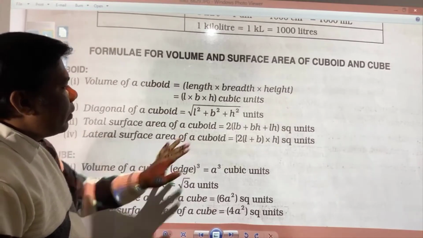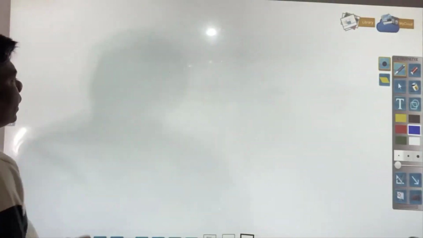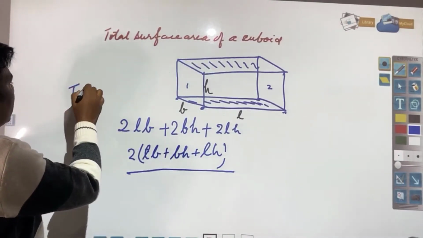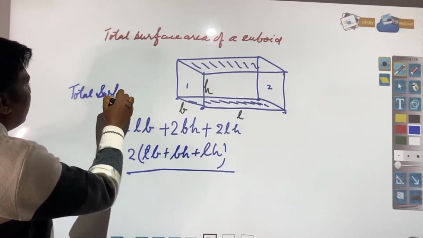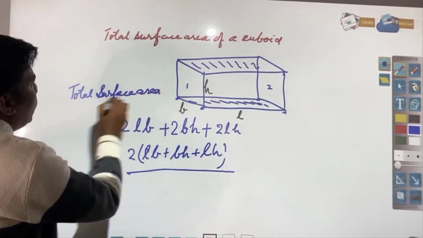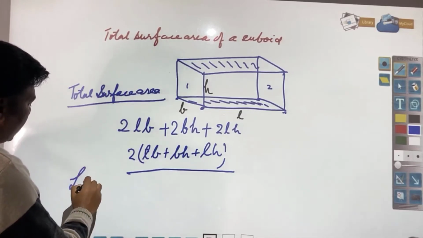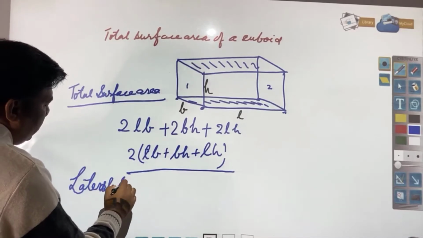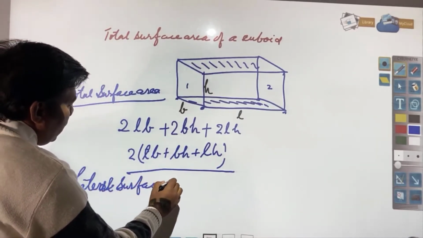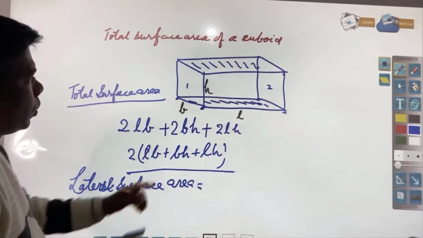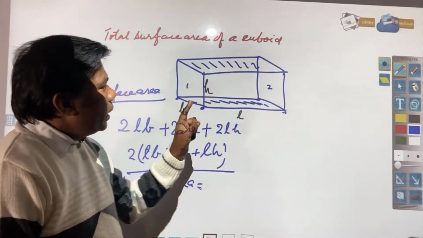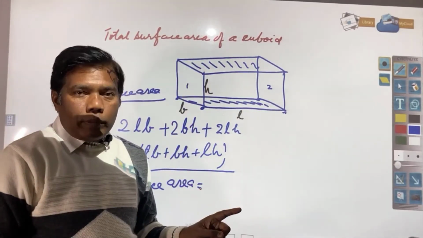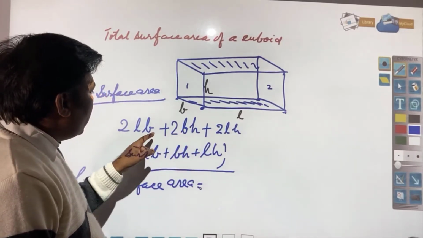Lateral surface area of a cuboid will be what? Here you see, here itself. This is total surface area. If you want to find out lateral surface area, just now it was told, it is the area of 4 walls. Simply you need to find out the area of 4 walls. Your floor and ceiling you don't have to count. So just this portion 2LB you leave.